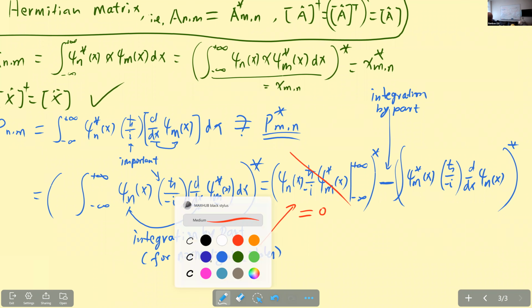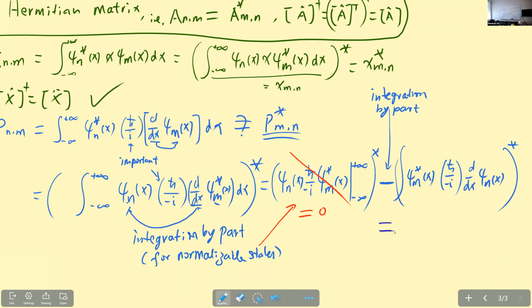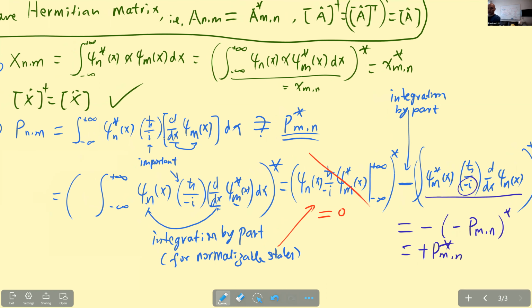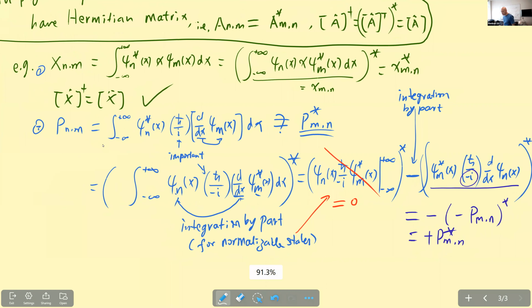And then let's check this term that equals to minus sign. So what's inside is just a minus p ψ_n, okay, and take the conjugate, right? So that equals to plus p ψ_m complex conjugate. So you can see that this minus sign is really important. If we don't have this minus sign, that would not be correct, right? So that means we can also check this one is correct.